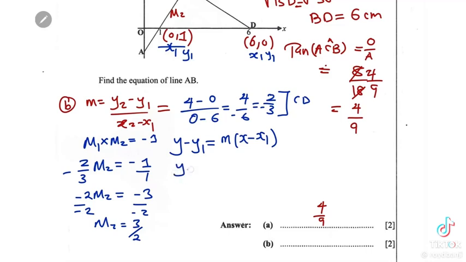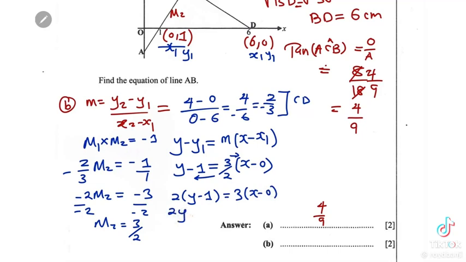So y minus 1 is equal to 3 over 2 times (x minus 0). So we cross multiply, this multiplies that, this multiplies that. So 2 times (y minus 1) is equal to 3 times (x minus 0). So we have 2y minus 2 equal to 3x.